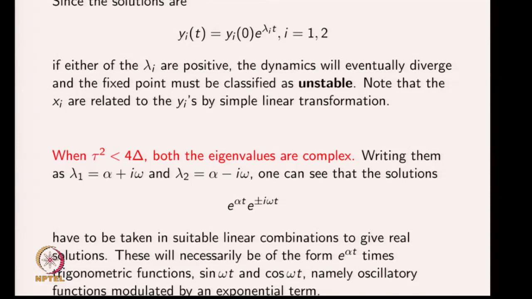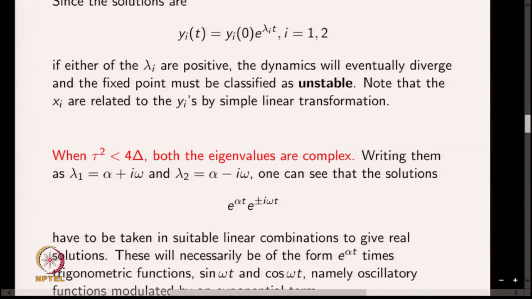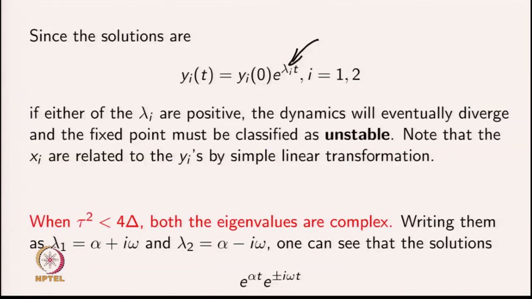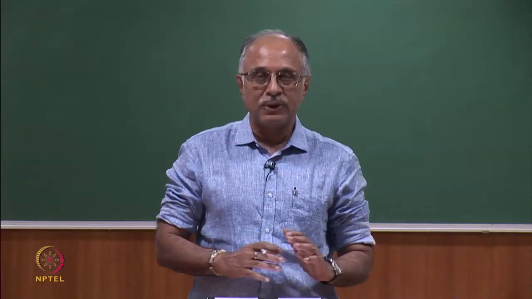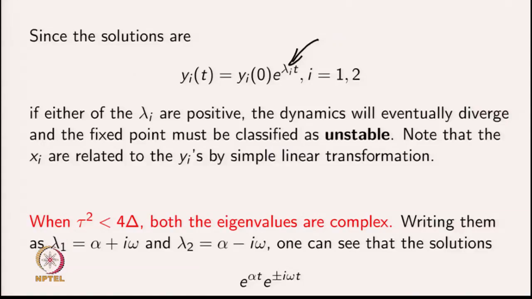If either of the lambda i's are positive, then the dynamics will eventually diverge, because then you will have a function that grows in time. So the fixed point must be classified as unstable, because any motion in the neighborhood of the fixed point will eventually go away.